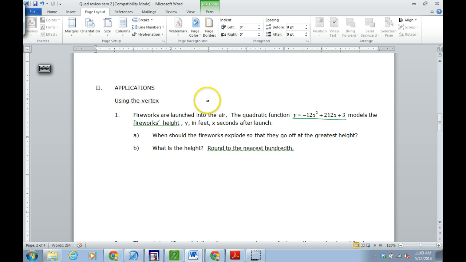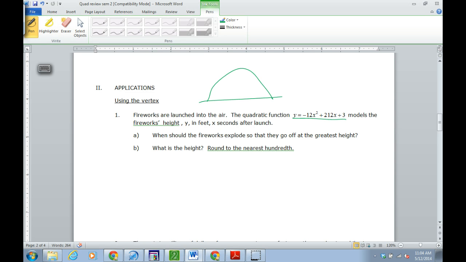So if I made this firework go up into the air and come back down, we want it to explode where? At the top, right? We don't want it to explode down here.